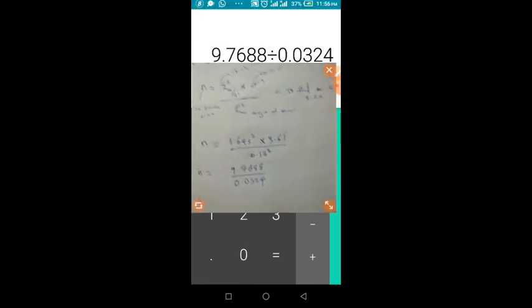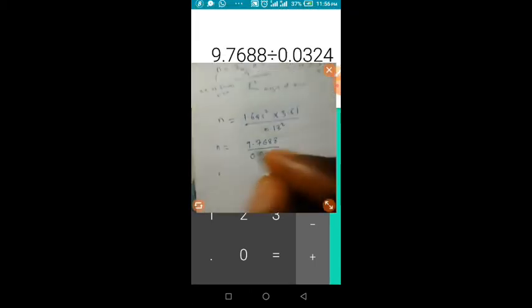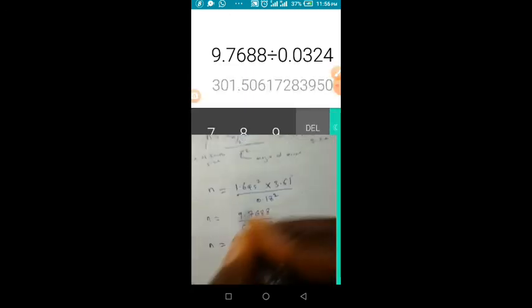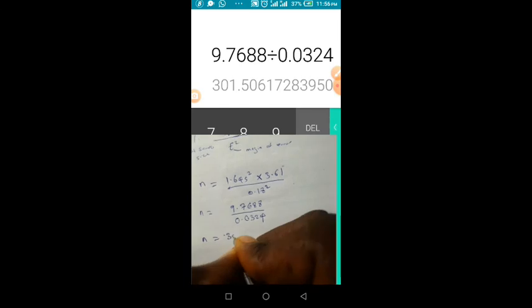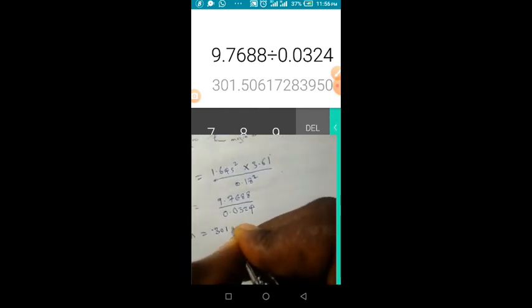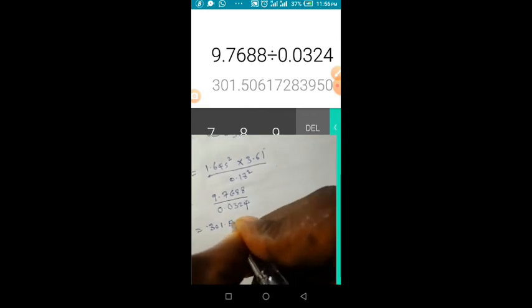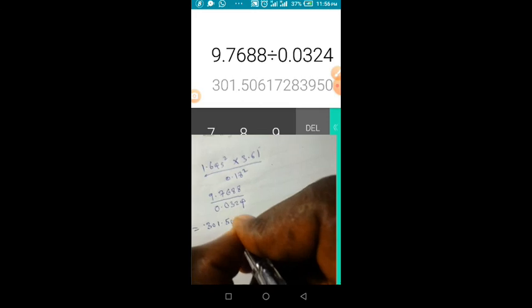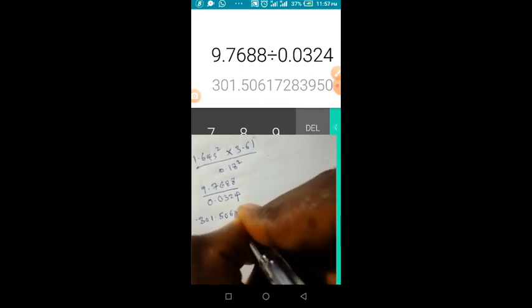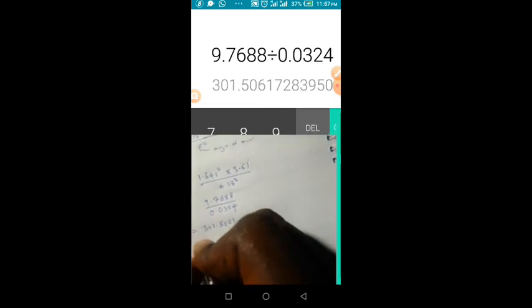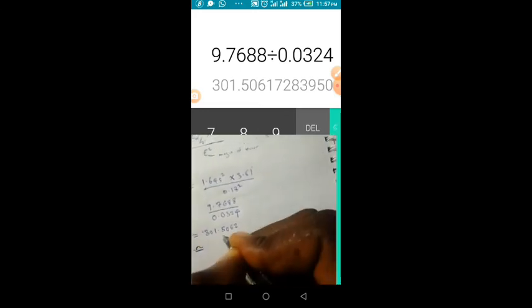Now our n equals 301.562. But rounding it up, this is our sample size, and it cannot be in decimal.